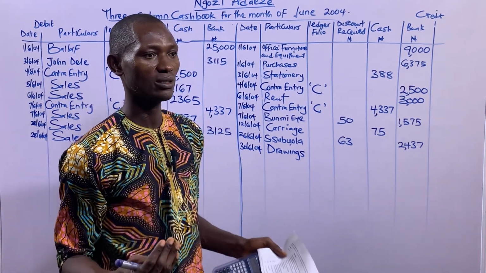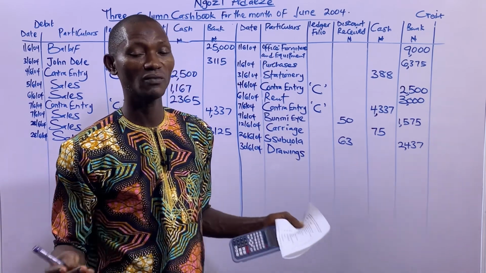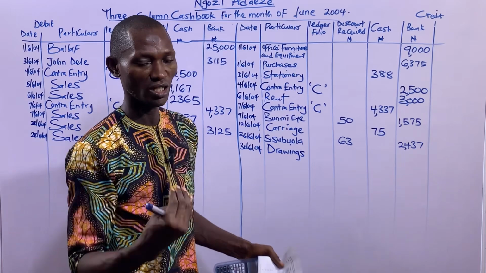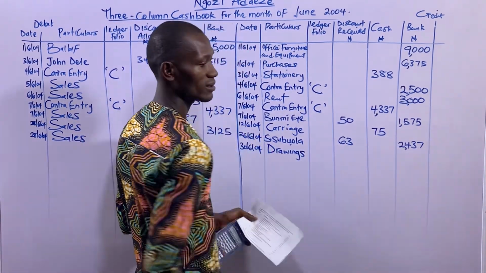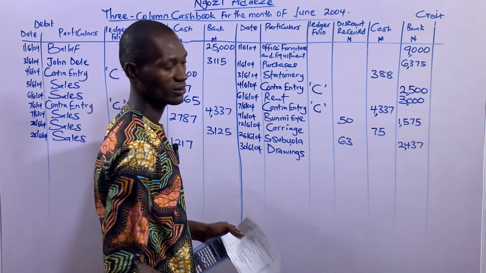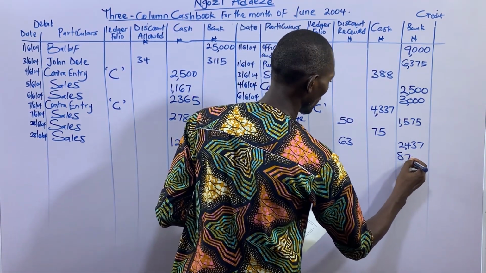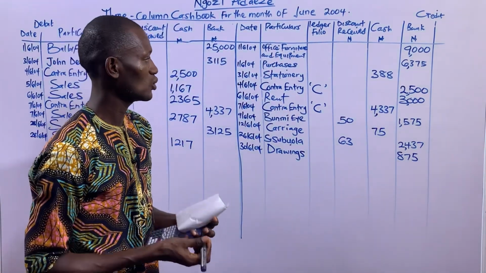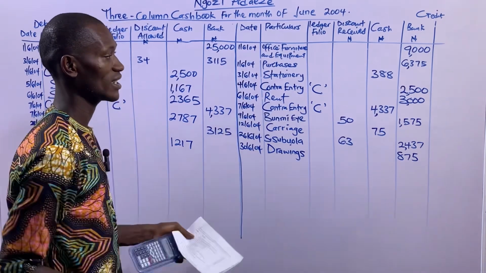Maybe the owner will withdraw, let's say in this case, 875 naira for his own personal use. He withdrew it from the bank. So that is drawings. It will be under bank since it is check. So that's 875. That's with respect to the recording of these business transactions that were given.